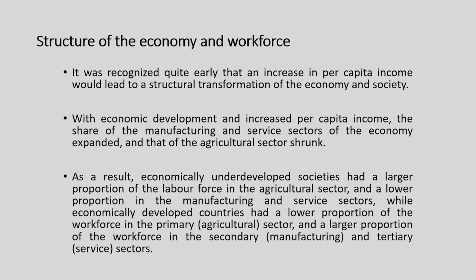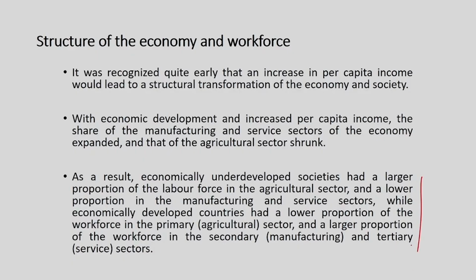This is how more developed and less developed countries have been comparatively studied, and the empirical differences that we tend to see here can be used to illustrate the meaning of development.